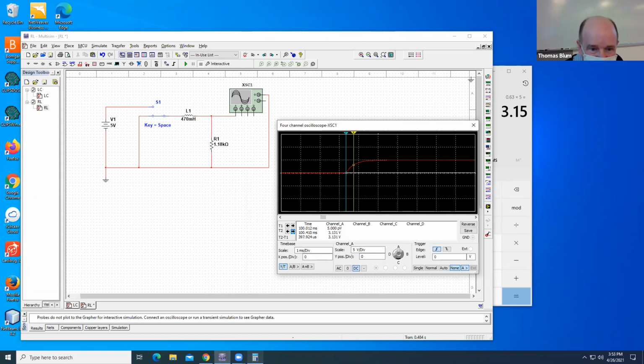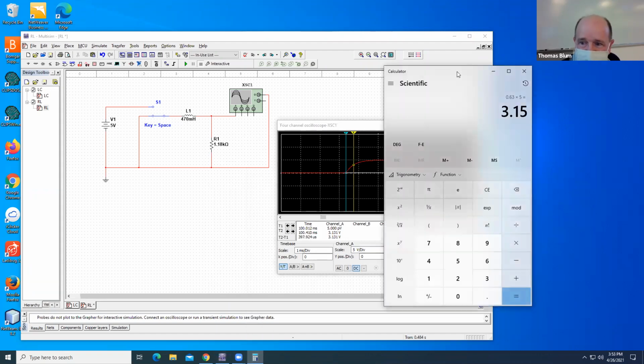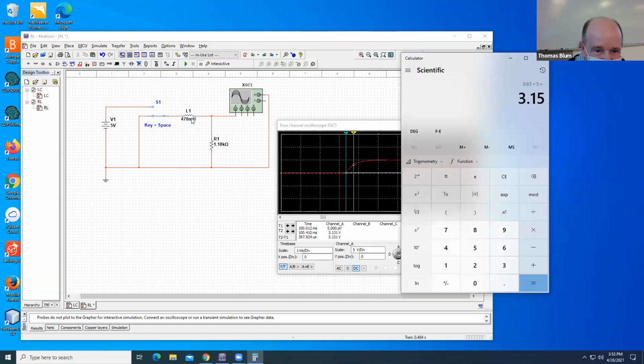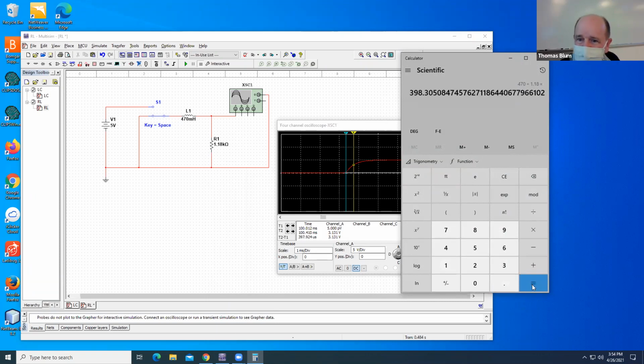So let's see what L over R should be. 470 divided by R, 1.18, and I get 398. So that seems to be consistent.